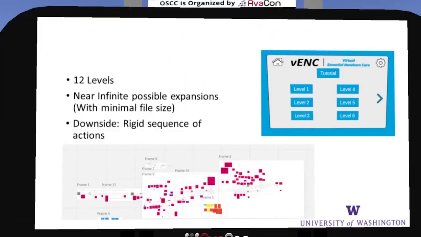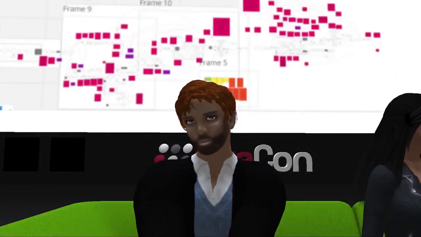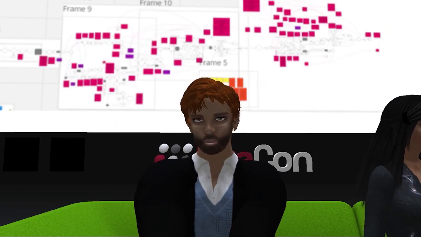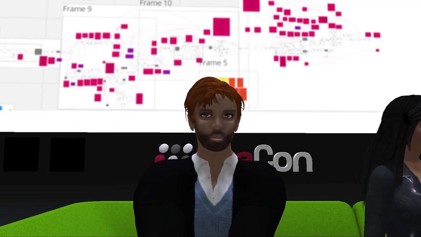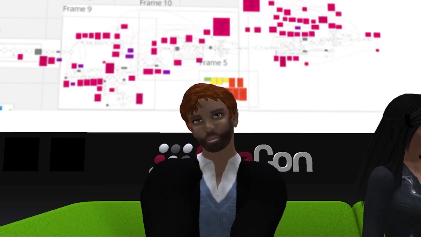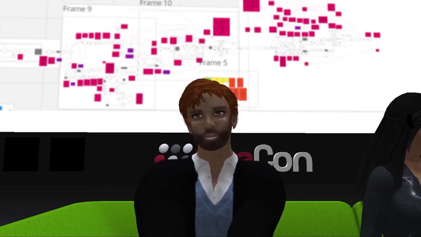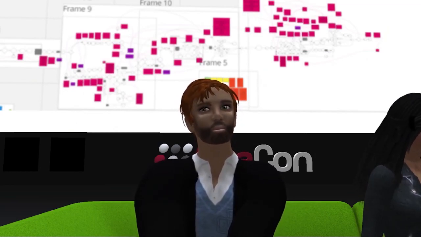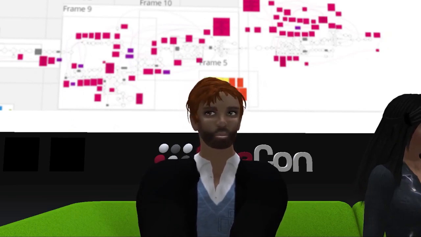We also decided we wanted to avoid letting our players run down rabbit holes, not only to simplify things for ourselves, but we made the decision we didn't want the possibility of them doing an action and then having an appropriate reaction that leads to negative consequences for the baby, such as dying. We wanted things to stay positive and productive for our users.